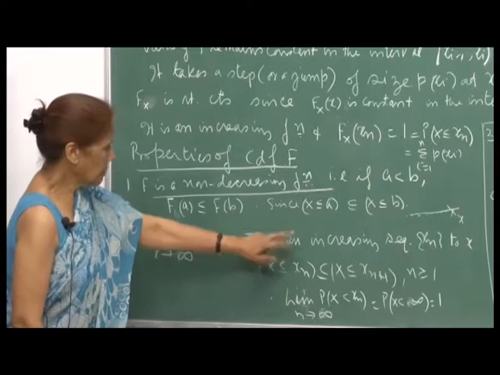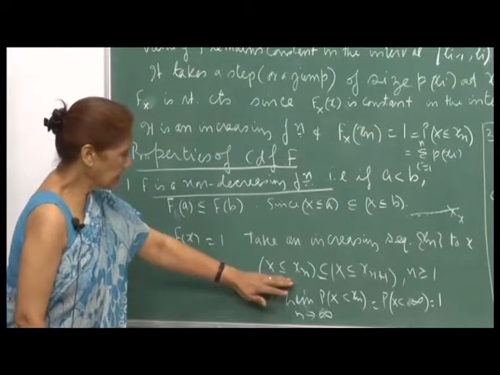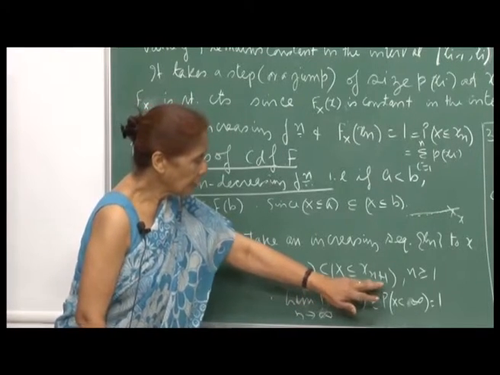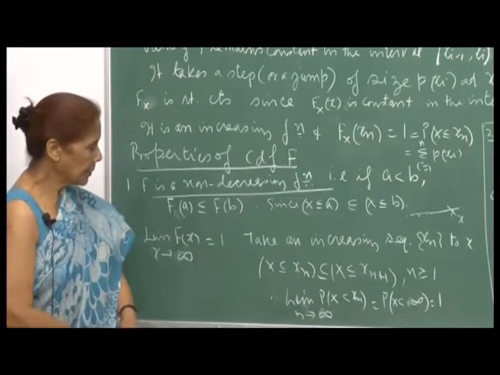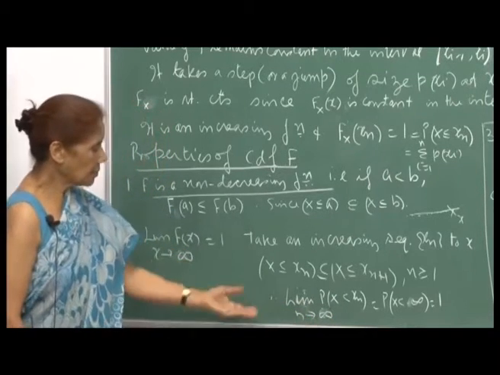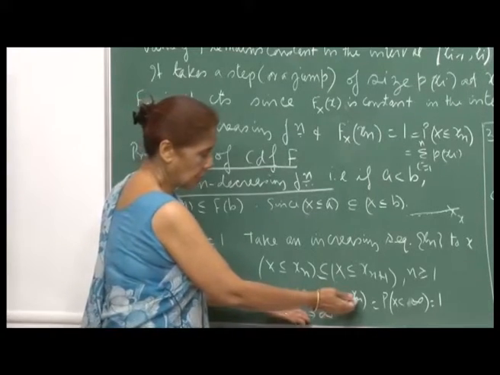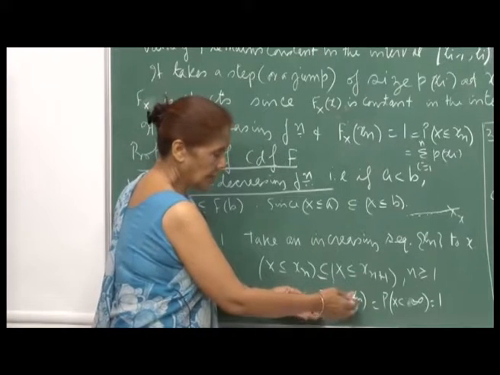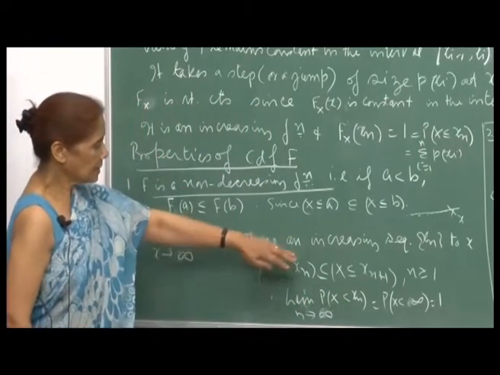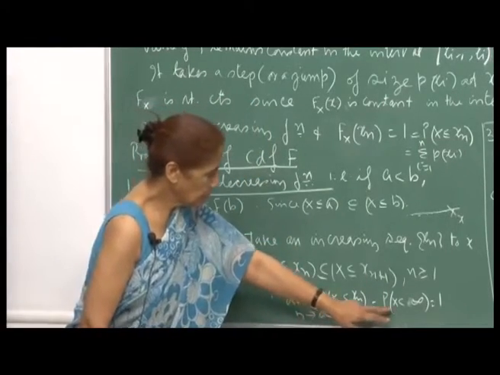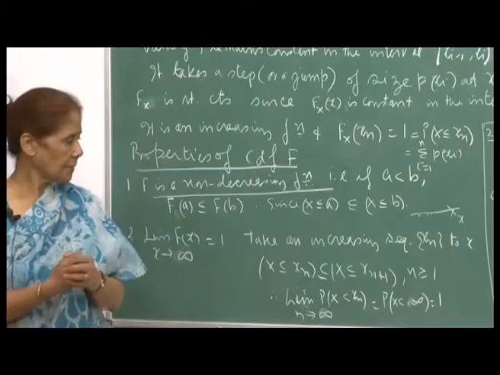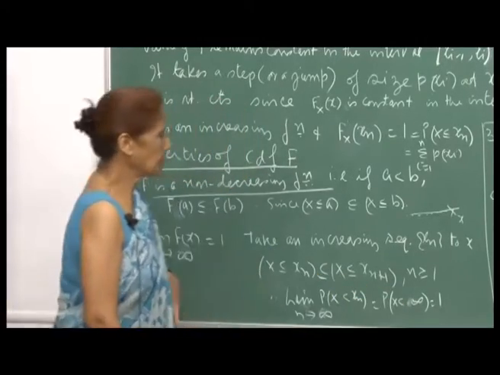Again because of this property, the event X less than or equal to x_n is a subset of the event X less than or equal to x_{n+1}, because x_{n+1} is bigger than x_n. Therefore, taking the limit of the probability as n goes to infinity, these events merge into X less than infinity. All possible values of X get covered, so this becomes the probability of X less than infinity, and this must be 1, because all values of X get covered in this event.